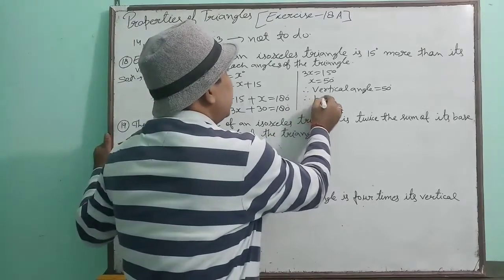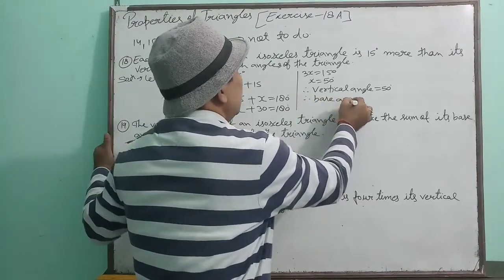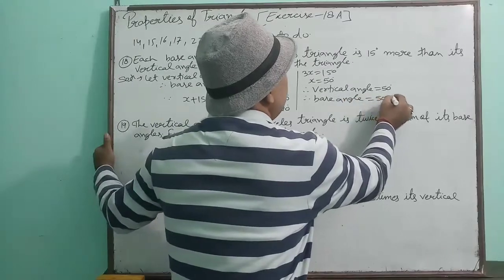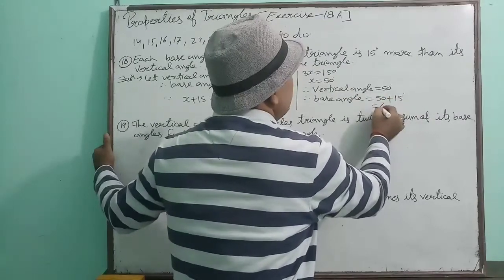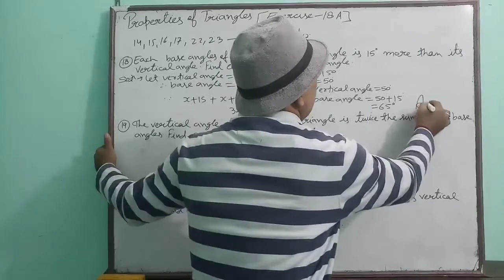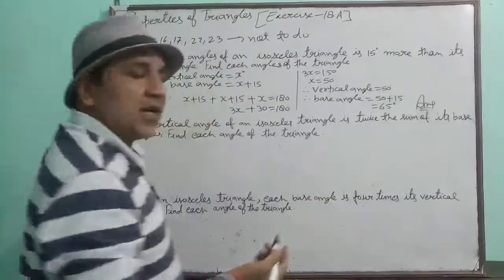Now we can find the base angles also. Base angle will be 50 plus 15, that is 65 degree, and this is your answer.